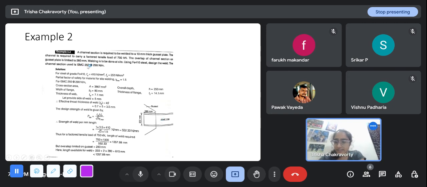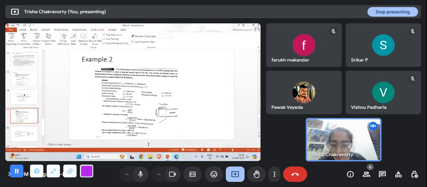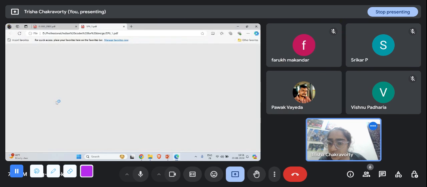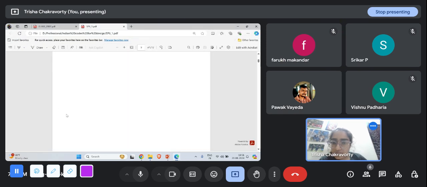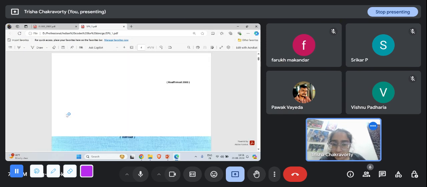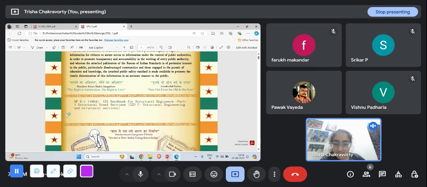Again, this code, I think if I could show you one of these, it would help. See, this is a section handbook.